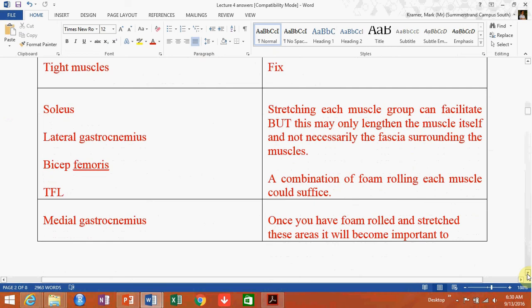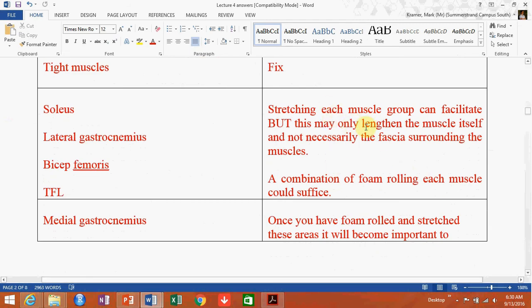So in terms of the rehabilitative process for this individual, stretching each muscle group can facilitate, but this may only lengthen the muscle itself and not necessarily the fascia surrounding the muscle. So go read up on the difference between what fascia is and how foam rolling compares to general stretching, and how mobility compares to stretching.